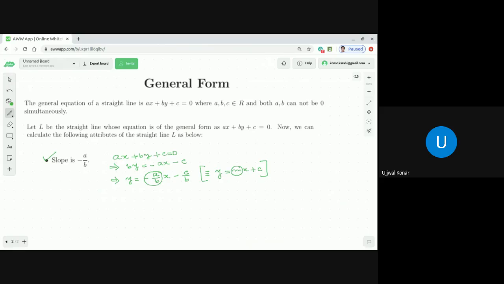That means if we get an equation of a straight line like ax plus by plus c equal to 0, then its slope is minus a by b. Got it? Now the next point is, what is the intercept on the x-axis and y-axis? So that we are going to find out now.